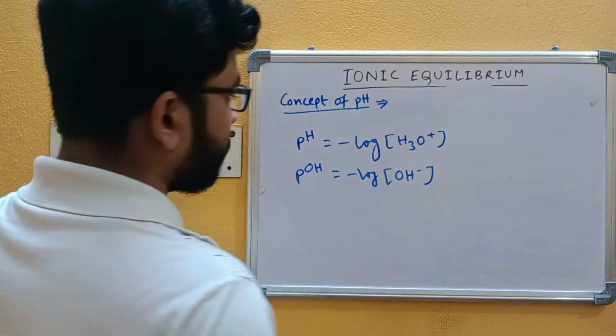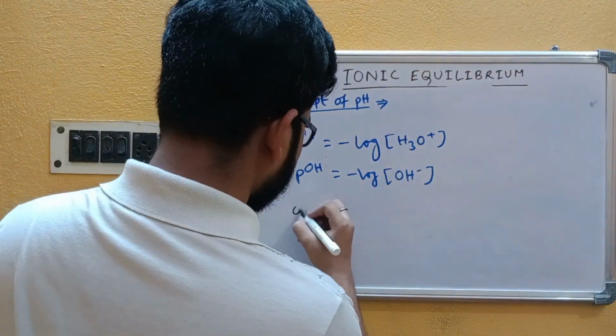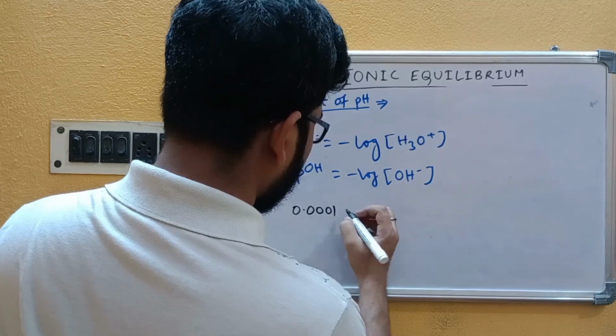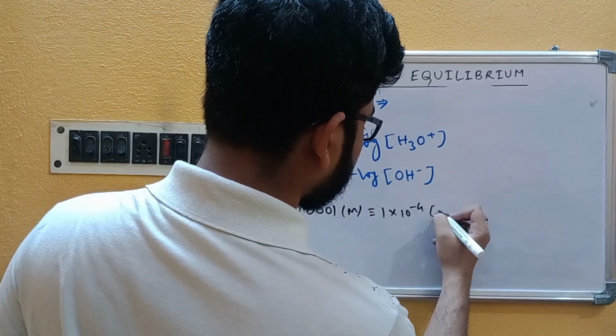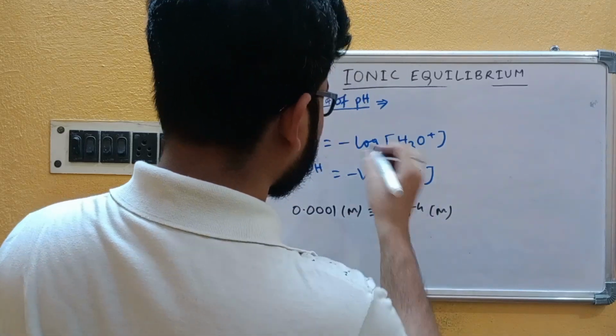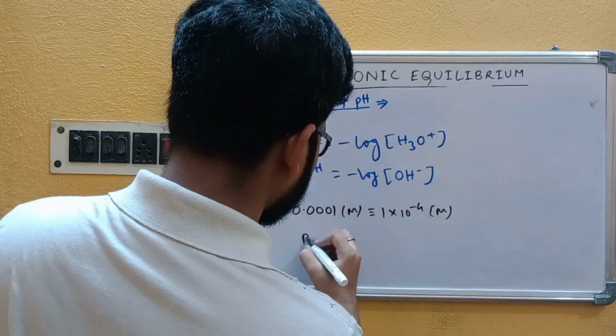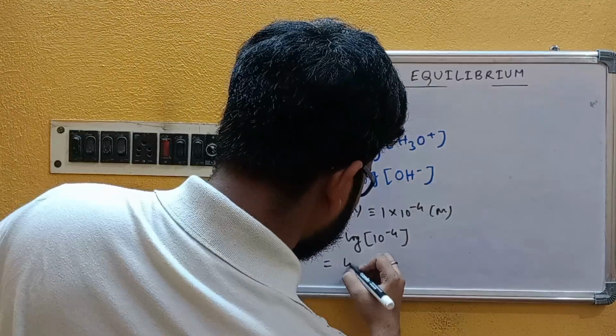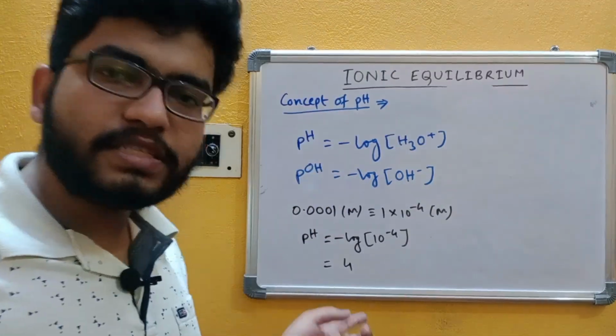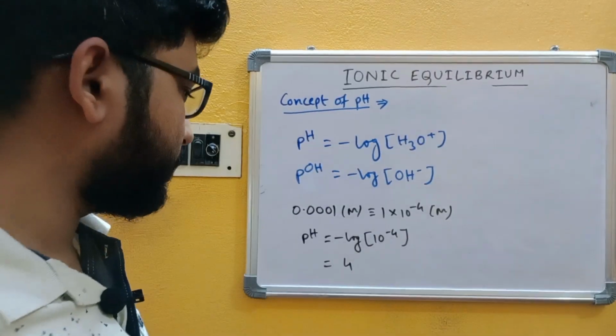Now if the concentration of H3O plus is 0.0001 molar or 1 into 10 to the power minus 4 molar, then if we express in terms of pH, then pH will be minus log 10 to the power minus 4, that is 4. So this is the convenience of pH scale.